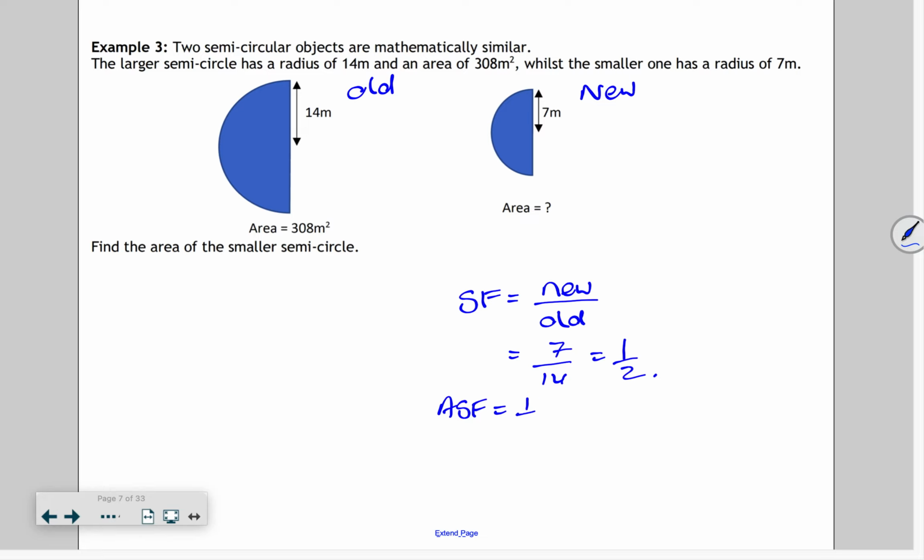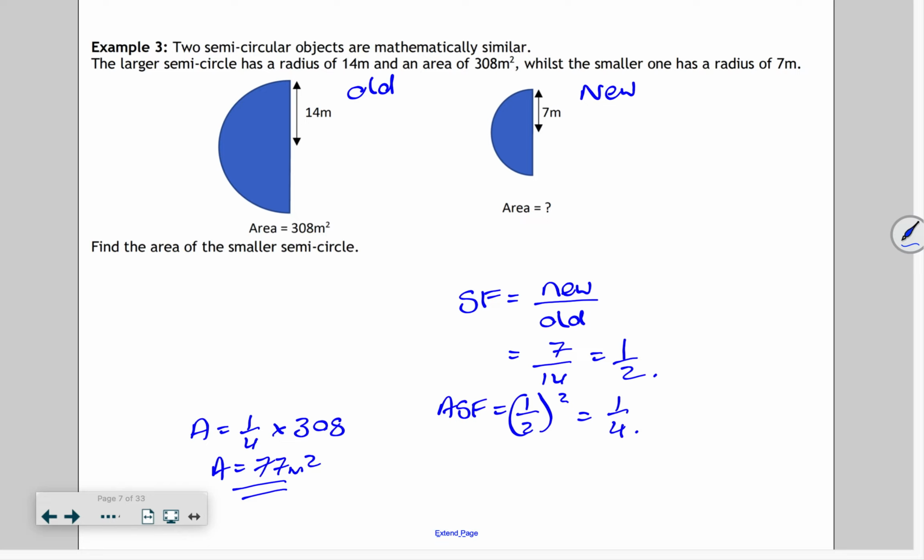And all I need to do here is square that first of all. So a half squared gives me a quarter. And then that's what I'm going to multiply my area of 308 square metres by. So the area is going to be a quarter times 308. Basically I'm just finding a quarter of 308, which will give me 77. So it'll be 77 metres squared.